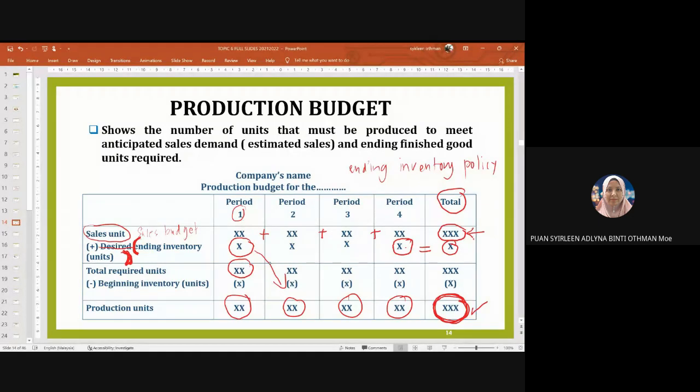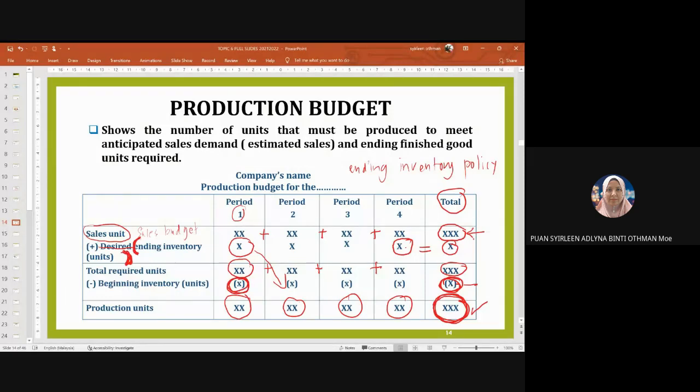And then the total required unit is after we add quarter 1 plus quarter 2 plus quarter 3 plus quarter 4. Then we minus the beginning inventory, which refers to the beginning inventory in the first quarter, so this value is taken from the first quarter.